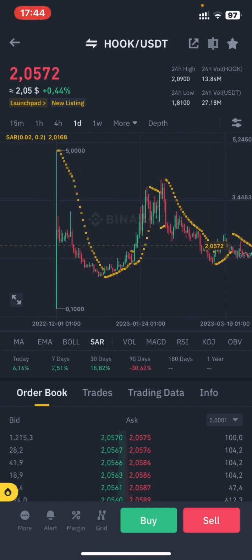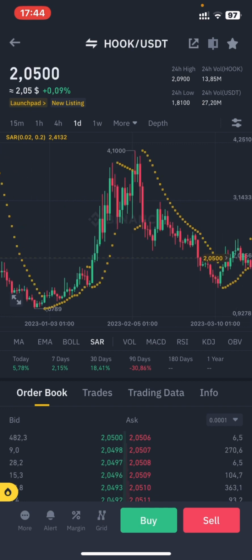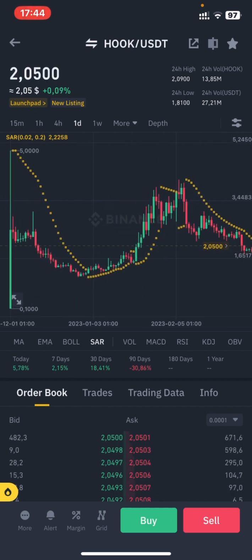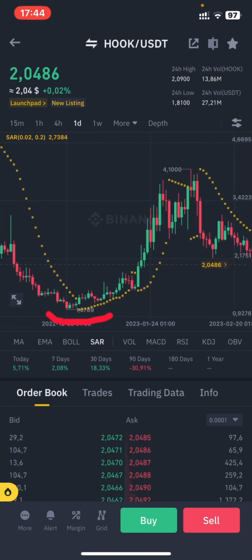As this indicator shows, it is in downtrend from around $5 worth of this coin, and right now it showed the bottom of this price at $1.0789.